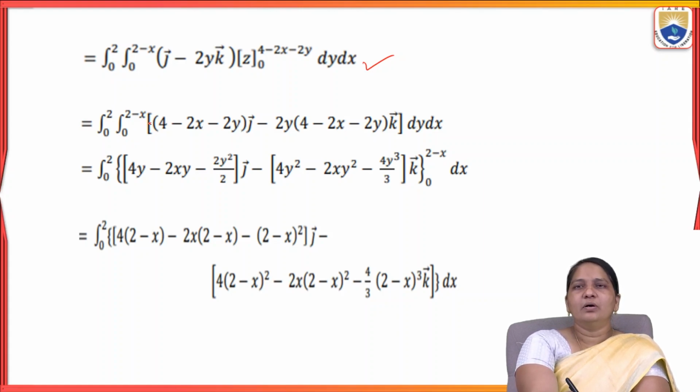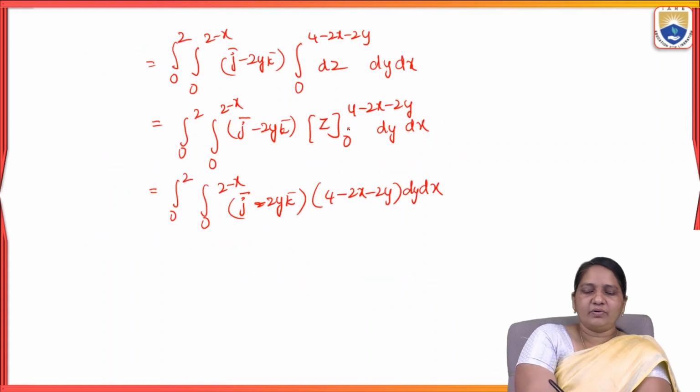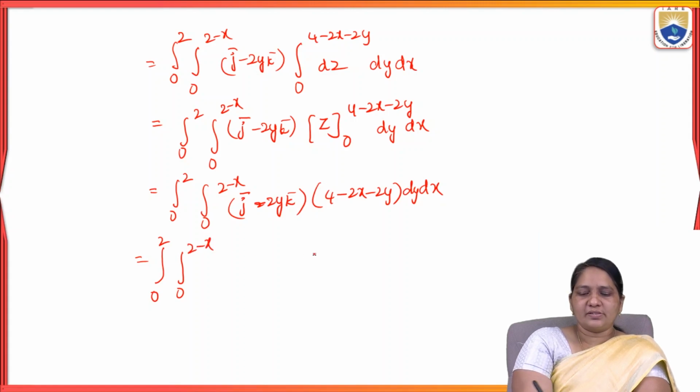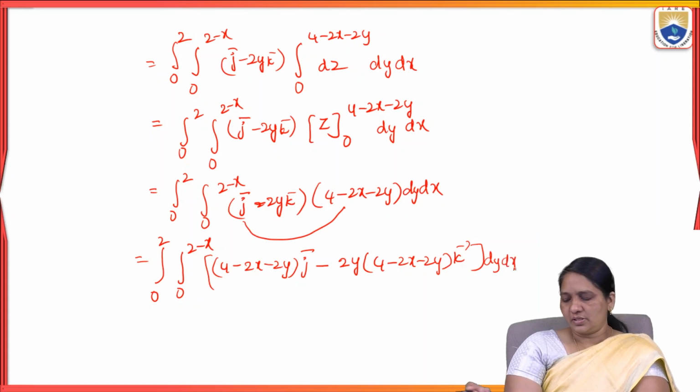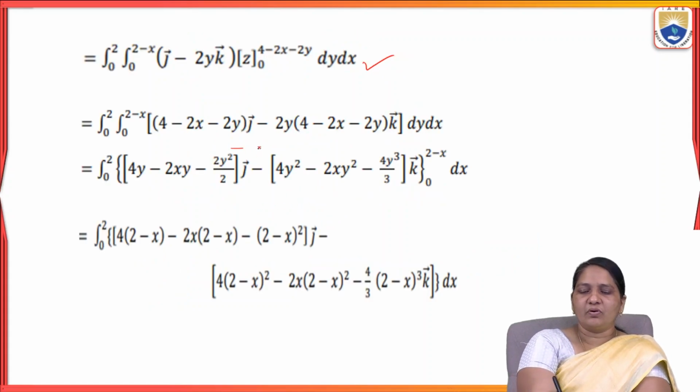We are going to multiply 4 minus 2x minus 2y with the j and 4 minus 2x minus 2y with the k. First we are multiplying with the j: 4 minus 2x minus 2y into j bar minus 2y into 4 minus 2x minus 2y into k bar, dy dx. That is the step we got here.